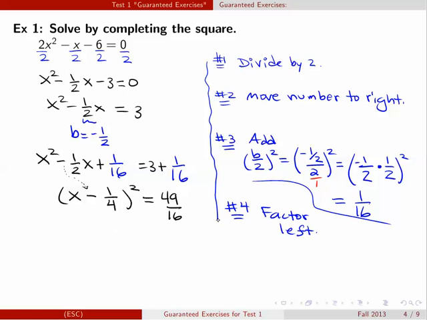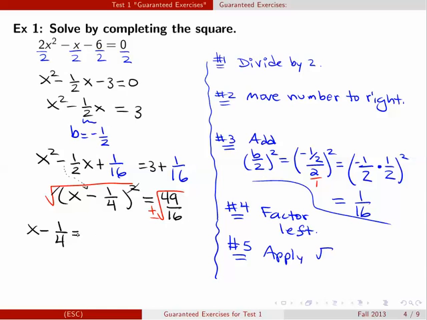Now to finish, the idea is to get rid of the second power, and we do this by applying square root to both sides. When we apply the square root to this side, don't forget that we need the plus and the minus, and so that cancels the power 2, and so we have x minus 1 over 4 equals plus or minus.